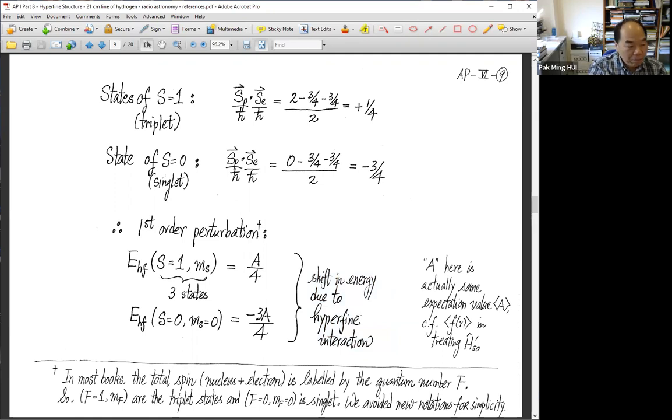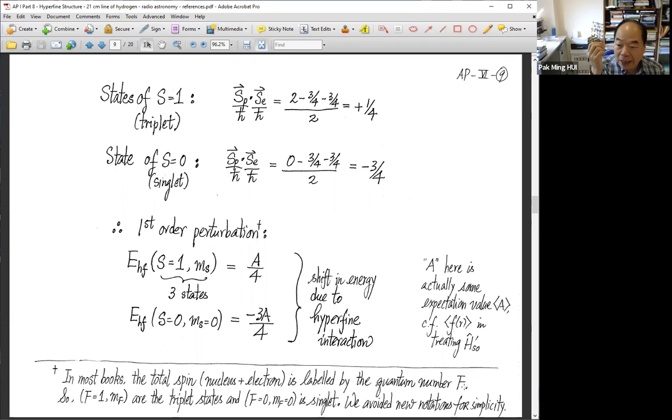Here, I have been using the most common notation. Common means easier to understand notation. But in the literature, the total spin, usually for this particular hyperfine situation, is not called S. Instead, it is called F. But I don't want to introduce a new symbol too soon, just to use our old knowledge to handle it.